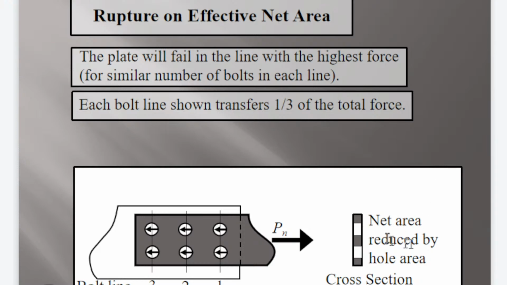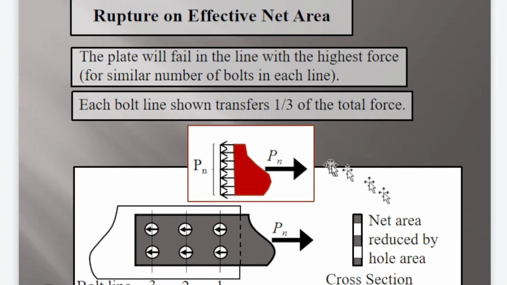So, net area is reduced from the whole area. This is what we are actually doing. We have examples using this. So, if you cut off this portion, the total tensile force is being resisted by the total resistance, which is also equal to PL of the material.